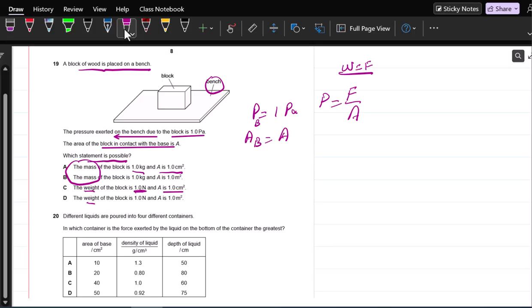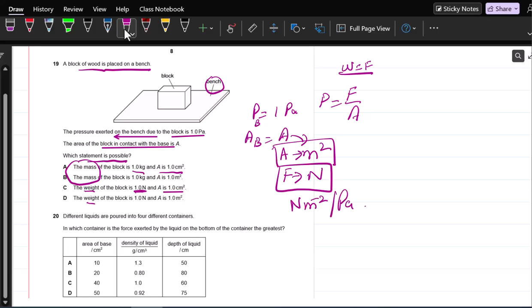No, area should be in meter square and force should be in Newton. Then you get the pressure in Newton per meter square, or in Pascal. So force should be 1 Newton and area should be 1 meter square. So D is right here.